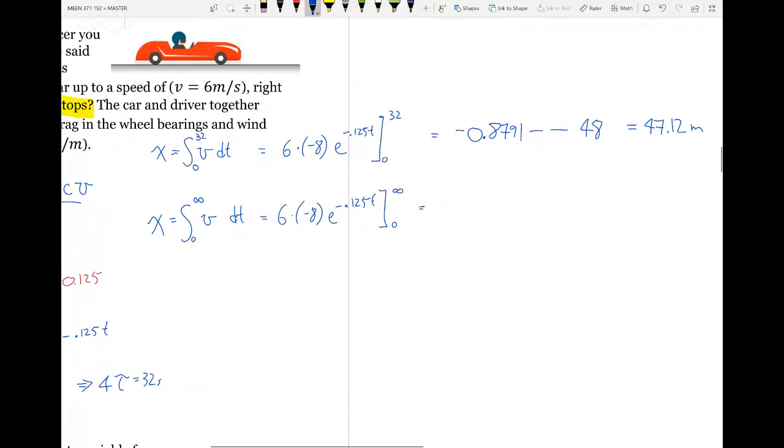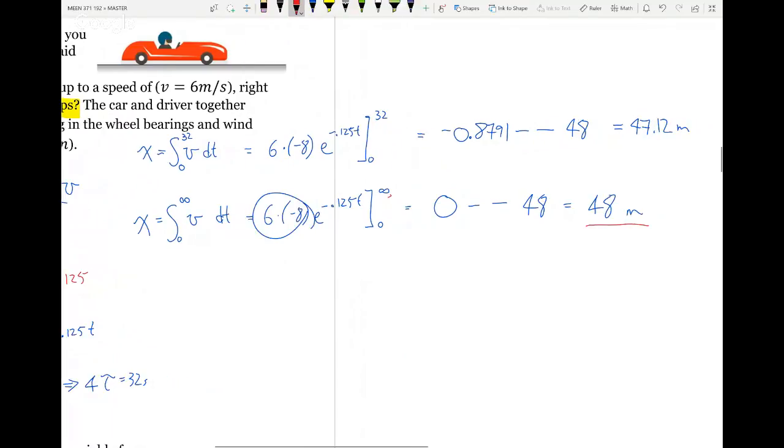Interestingly, if we do this now with our limits of integration from 0 to infinity, this actually makes it a little bit easier. At infinity, this term is 0, so it's 0 minus a negative 48, which gives us 48 meters. If you have at infinity, it's 48. If it's at 4 tau, it's almost there, about 90% there.